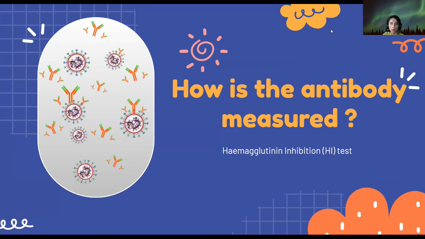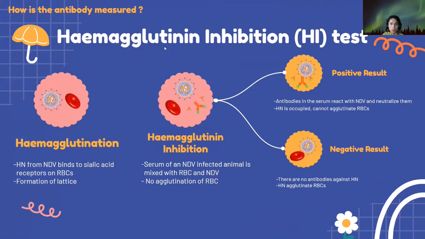Next, we go to how the antibody is measured. We use the hemagglutination inhibition test to measure the antibody in this experiment. We use the hemagglutination principle where the hemagglutinin neuraminidase, or HN, from the Newcastle disease virus, NDV, binds to the sialic acid receptor on the red blood cells, RBCs, to form the lattice formation.